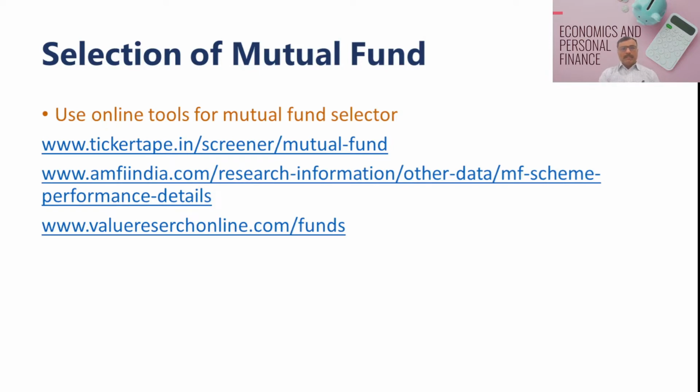The online platforms mentioned on the slide offer valuable assistance in the process of fund selection. There are many websites that assist mutual fund selection based on the criteria we have discussed so far. I have mentioned a few websites on this slide, but the first two are my personal favorites.